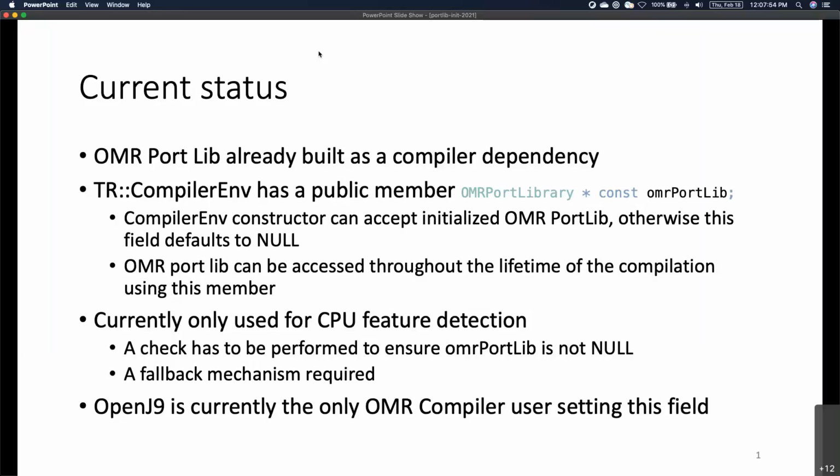However, with JitBuilder and Test Compiler ensuring that there is always an initialized port library, we can get rid of these fallback mechanisms and be able to utilize the port library more readily. And right now, OpenJ9 is the only OMR compiler user that is actually setting this field and using the CPU detection capabilities in the OMR compiler.